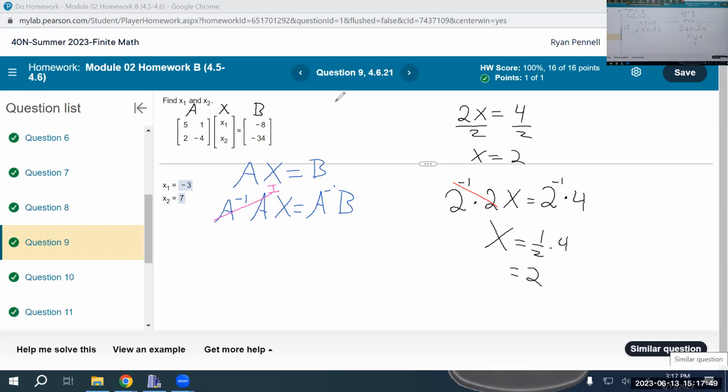So then we've solved for x, just like we did in middle school. So we get x equals A inverse times B. Okay. So that's how I'm going to do it. Now I actually have to do it.